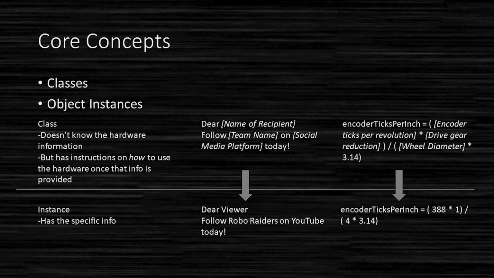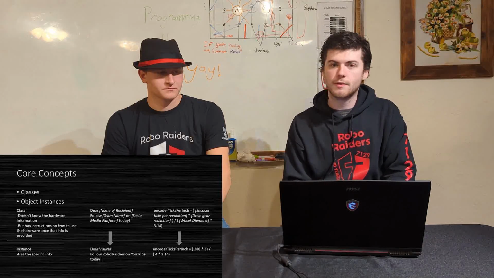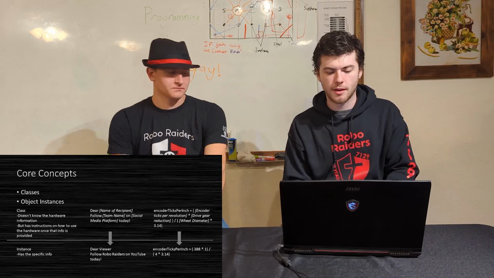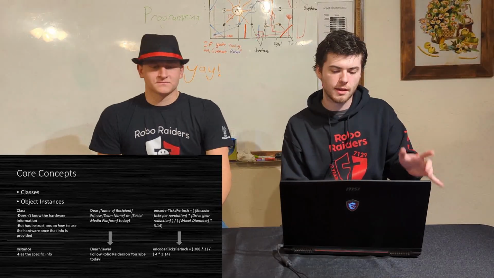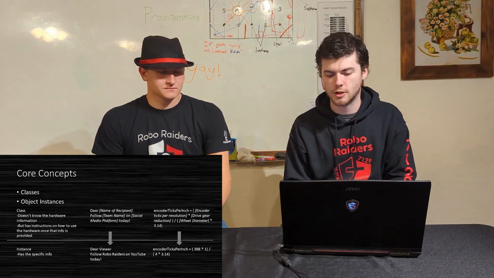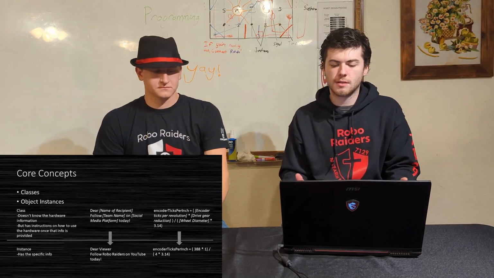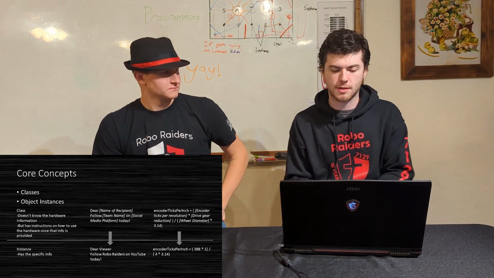So it's very helpful. This really boils down to two core concepts for its implementation: classes and object instances. Classes we can think of as a sort of template that we have as a conceptual idea, but not necessarily the exact or specific implementation. They can't actually do anything because they don't know a lot about the hardware specifics.